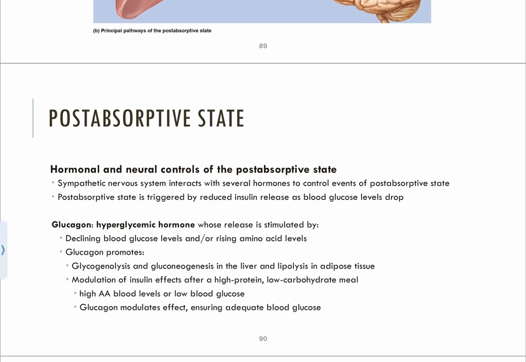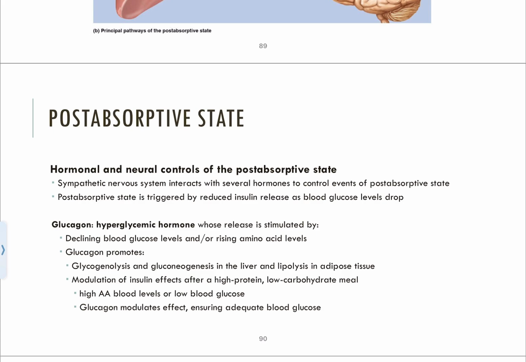And like other hormones during the post-absorptive state, glucagon is a hyperglycemic hormone, meaning that it's going to help raise blood glucose levels. Glucagon is going to basically target our liver and adipose tissue. And what is it going to do there? It's going to cause our hepatocytes to respond by accelerating glycogenolysis, so breakdown so we can get more glucose, and gluconeogenesis, making glucose from non-carbohydrate products.